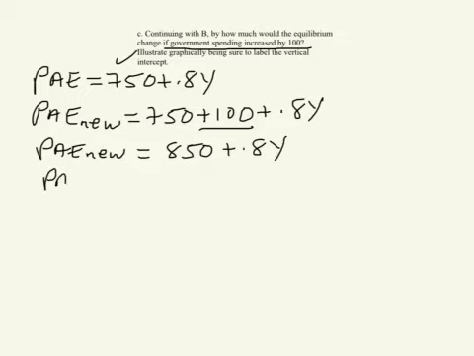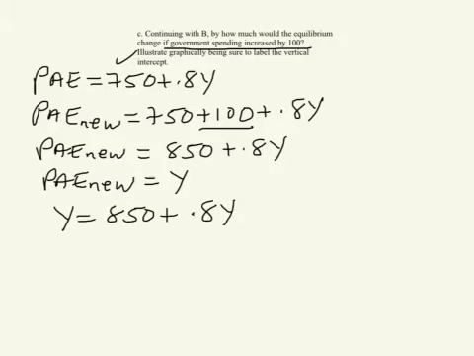And once again, in equilibrium, that condition holds. Spending and income are the same, so income must be 850 plus 0.8y. Now I'm going to solve for y, just like I did previously. So y minus 0.8y is equal to 850.